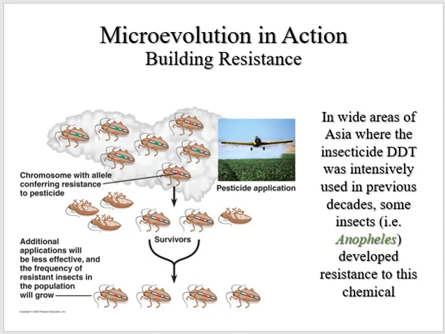And therefore, that allele is going to increase in frequency within a population because those individuals are going to survive and be able to mate and reproduce and create fertile offspring. So as a result, you had the development of insects that were resistant to that chemical.